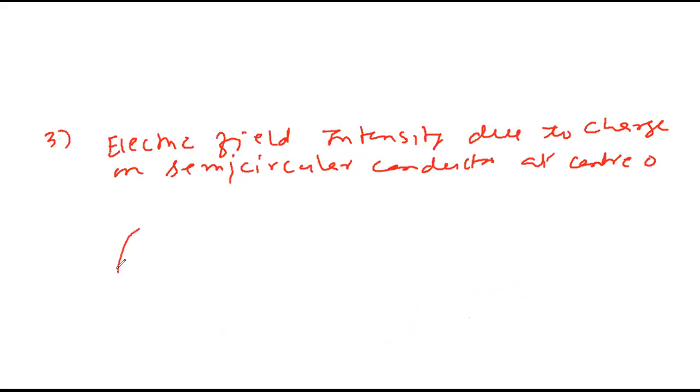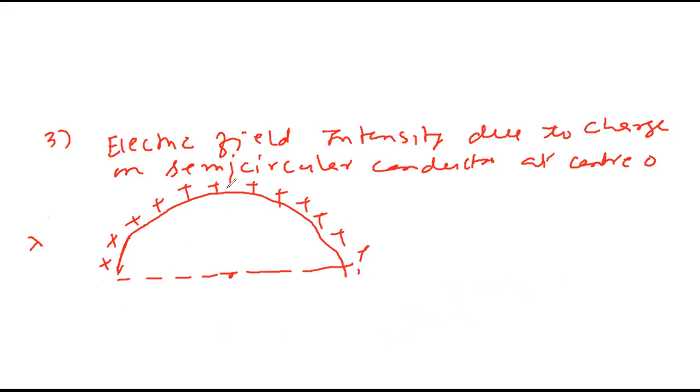So first part I can say, consider a semicircular ring charged uniformly with positive charge having linear charge density lambda. Let dq be the elemental charge on elemental length dl such that the arc subtends angle d theta at the center, angle theta with the horizontal x-axis.